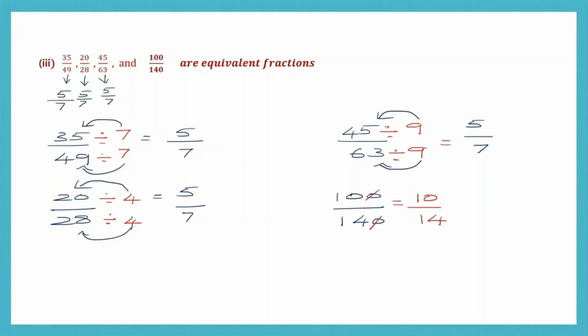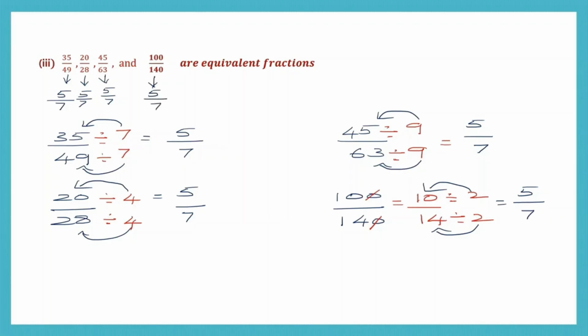Now these two numbers, 10 by 14, are divisible by only 2. So we're going to divide both by 2 and see what we get. 2 into 5 is 10 and here 2 into 7 is 14. So here also we get the fraction 5 by 7.